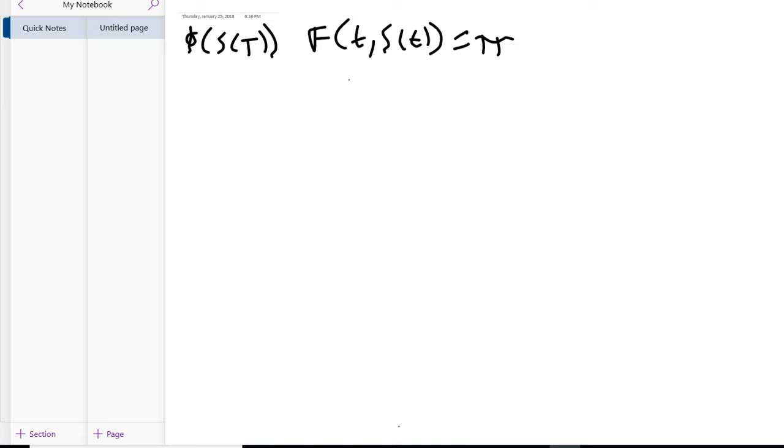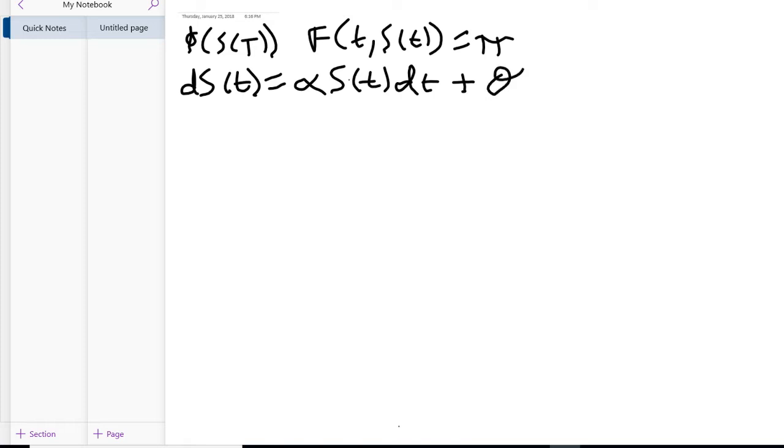Now we're in the Black-Scholes framework, which assumes that the underlying follows a geometric Brownian motion, meaning that the differential of the underlying asset has some constant drift alpha times the underlying times the time increment, plus a diffusion coefficient, another constant, sigma, again times the underlying, and then times an increment of a standard Wiener process.